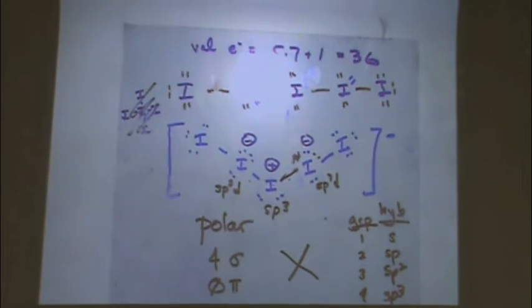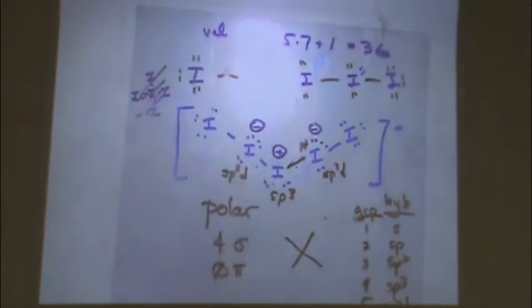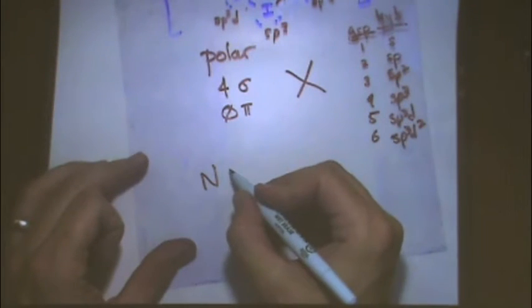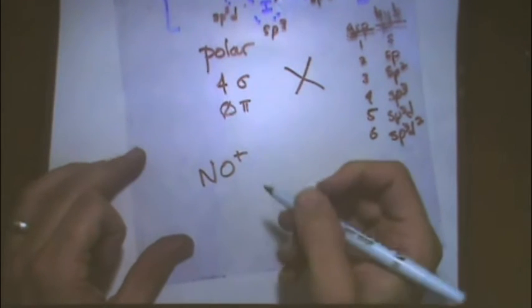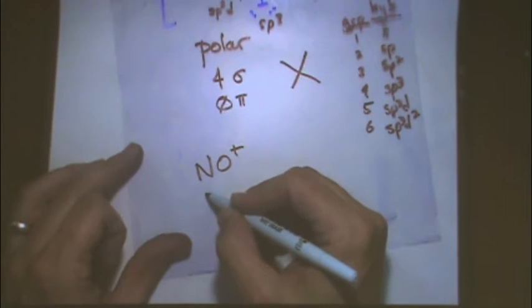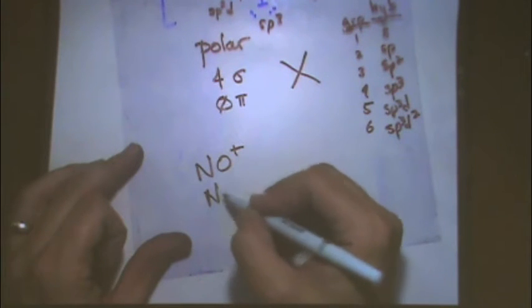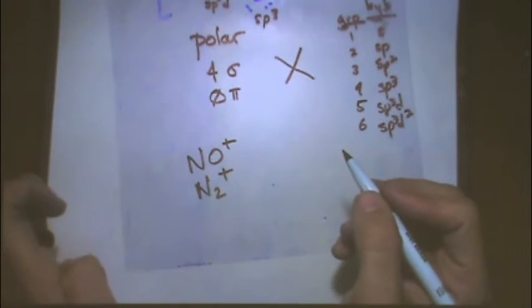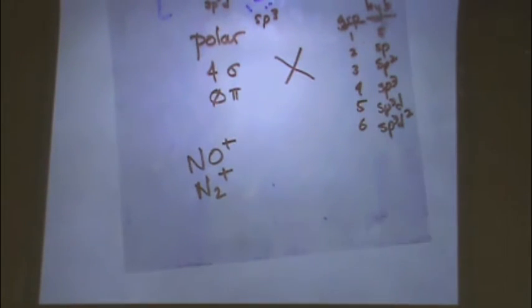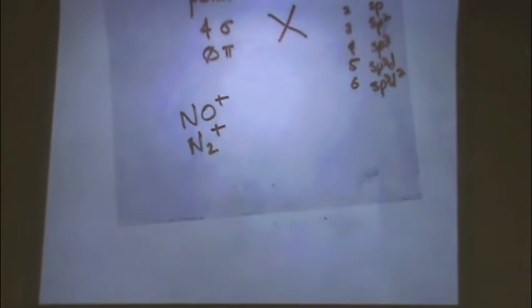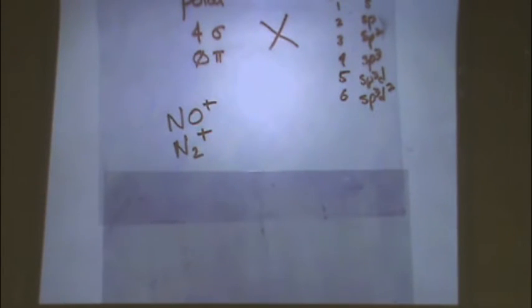Okay? Way in the back, yes, with the white shirt. Which has a greater bond length, NO plus or N2 plus? Okay, how do you solve this? Which has a shorter bond length?